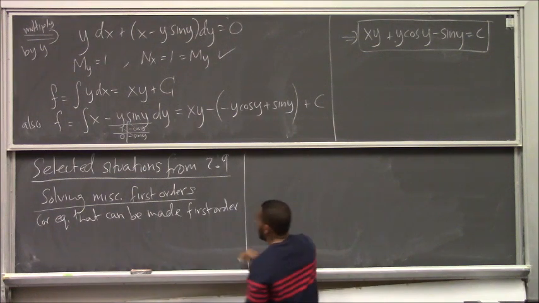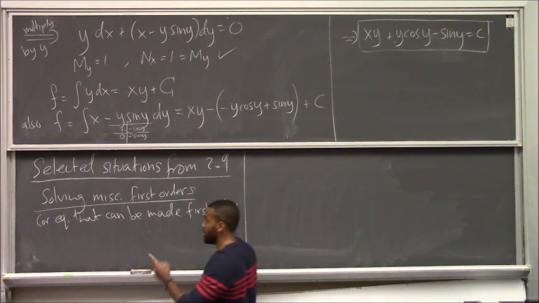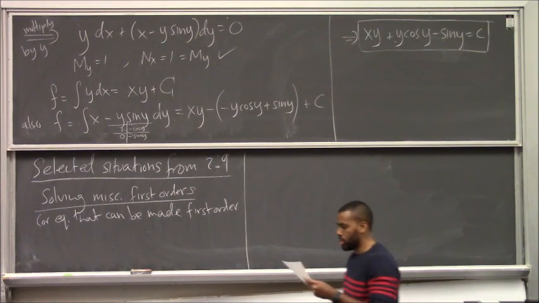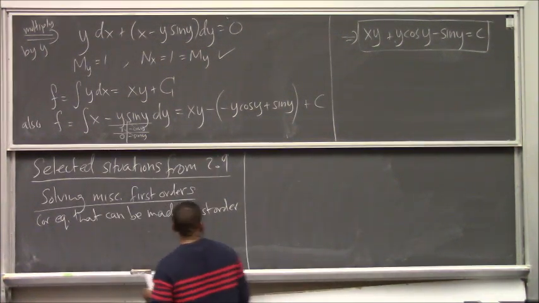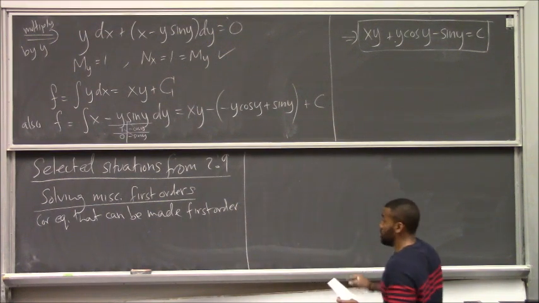The first one I want to talk about is actually a situation that we will revisit later on. That's called reduction of order. That's what I was talking about. Right. So in 2.9, it's a very special case of that.